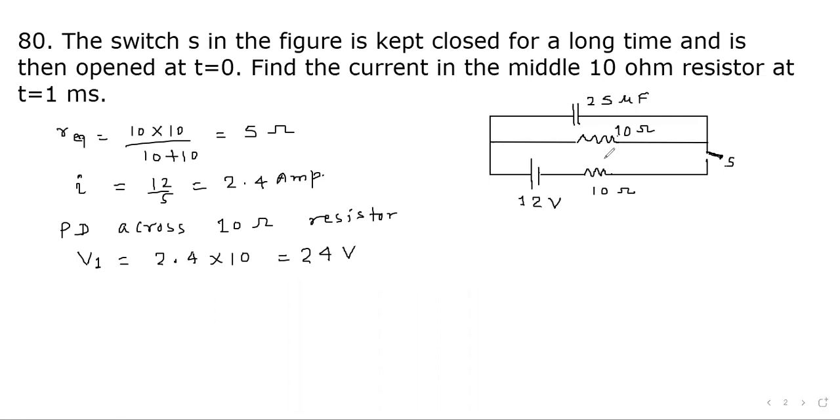Now we find charge stored. So Q0 equal to C and voltage. Here, voltage for this purpose will be the voltage across this 10 ohm resistor.